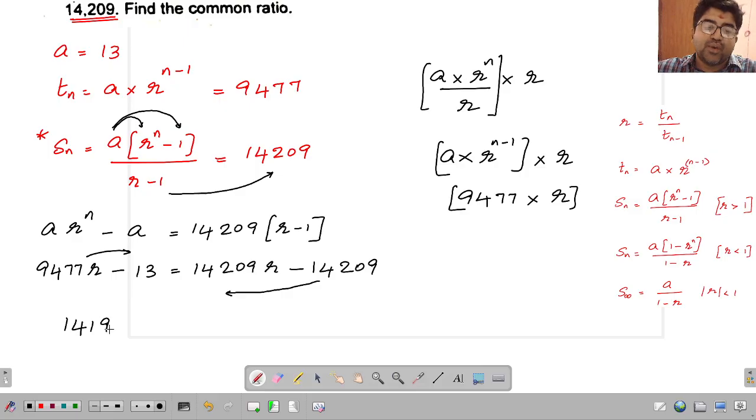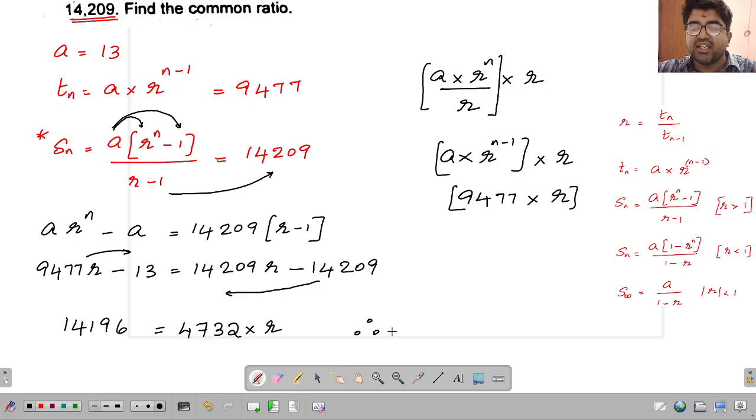That is coming here as 14209 minus 9477, that is 4732 times r. So when I do this kind of shuffling, by taking that 9477r to the right hand side and that minus 14209 to the left hand side, this is the result.